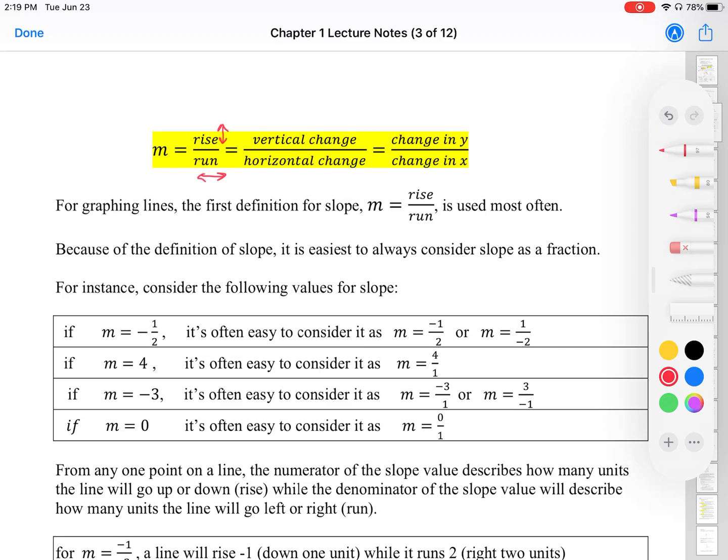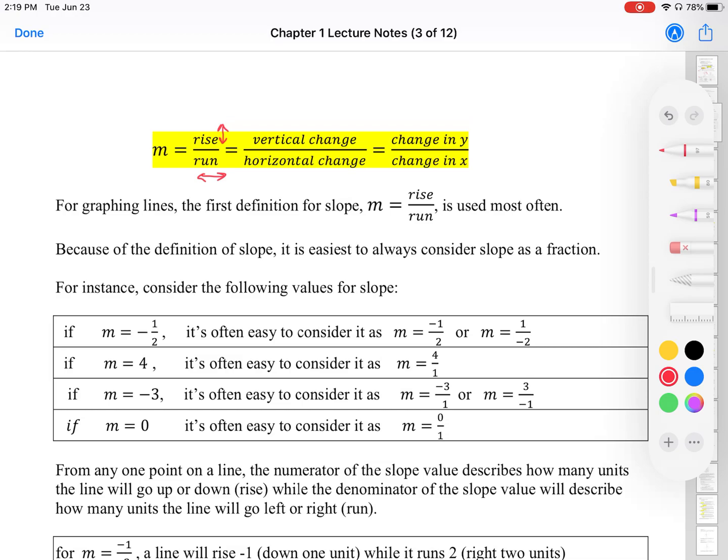So that helps us move our points around. It's called the vertical change and the horizontal change, and we refer to it as change in y over change in x. For graphing lines, the first definition of slope, m equals rise over run, is often most used.